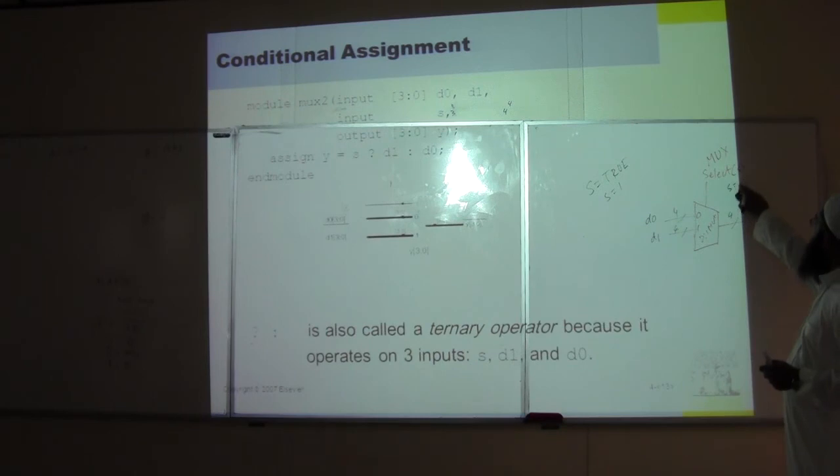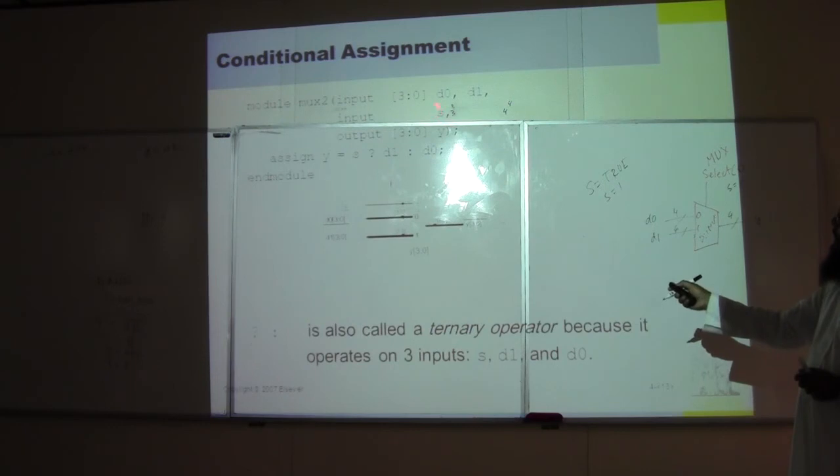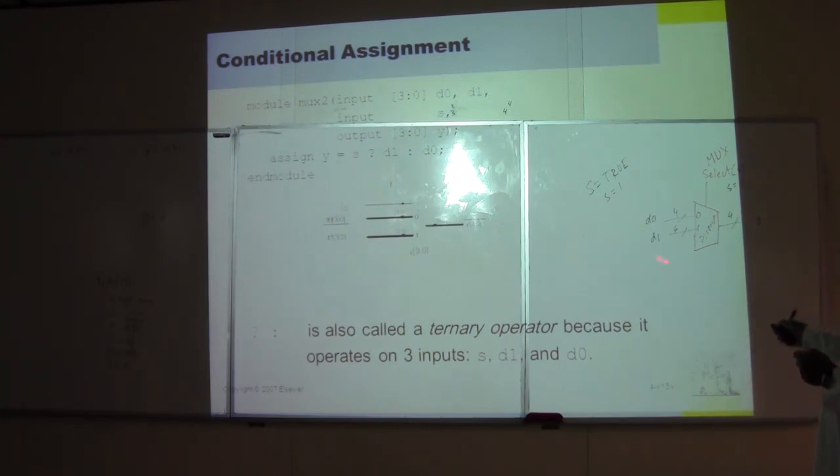But if you give S equal to 0, y should be the same as D0. That's why if you give S equal to 0 here, then y will be the same as D0. So this simple module will implement this mux.